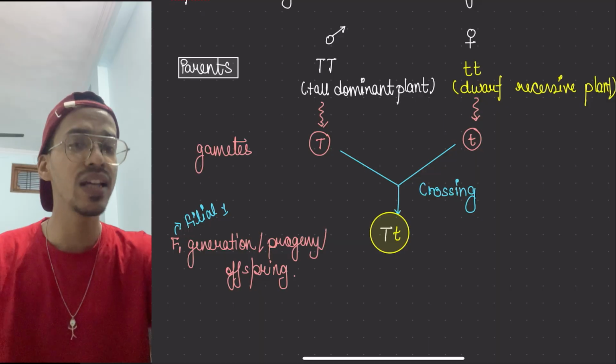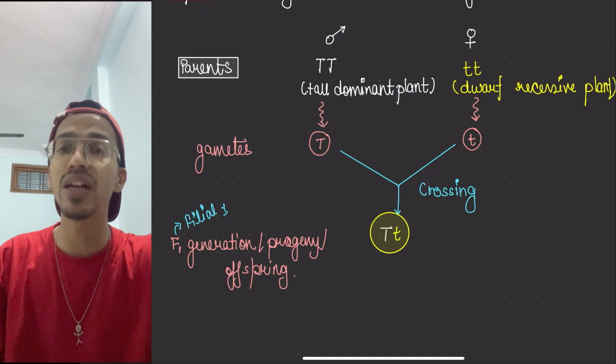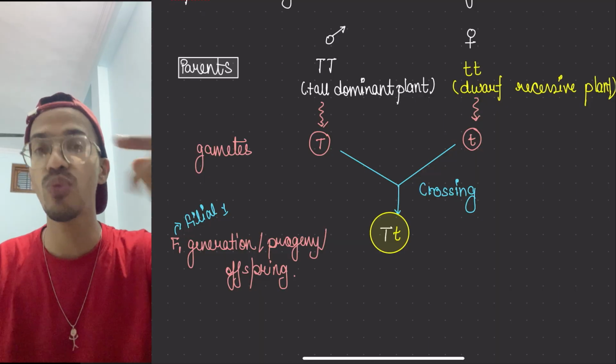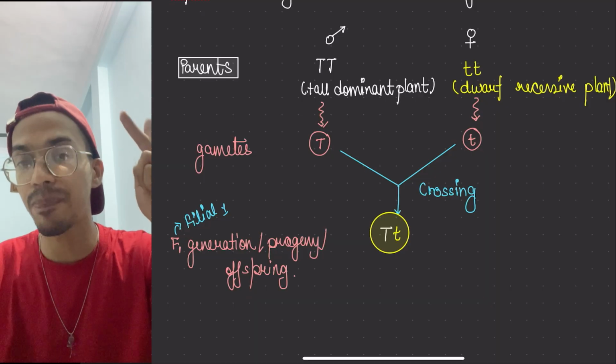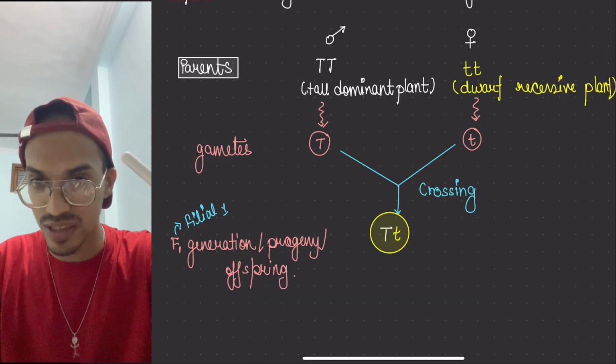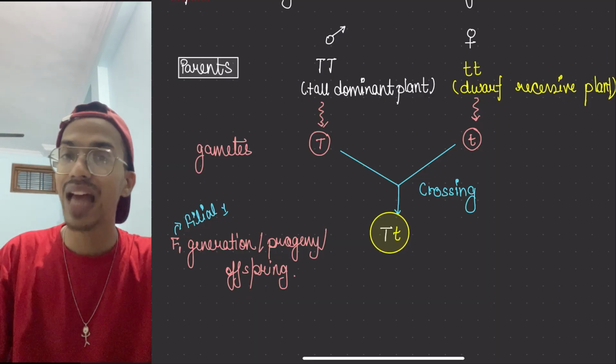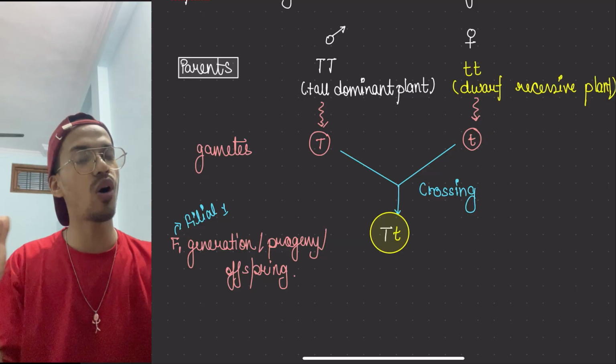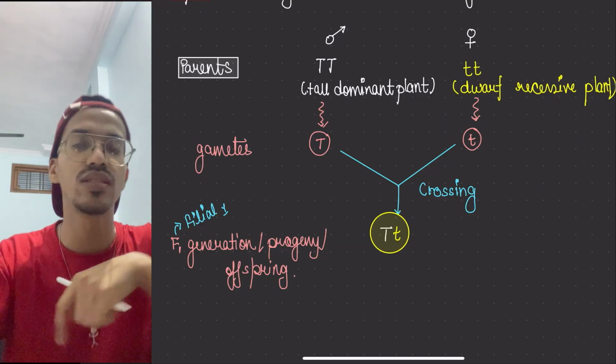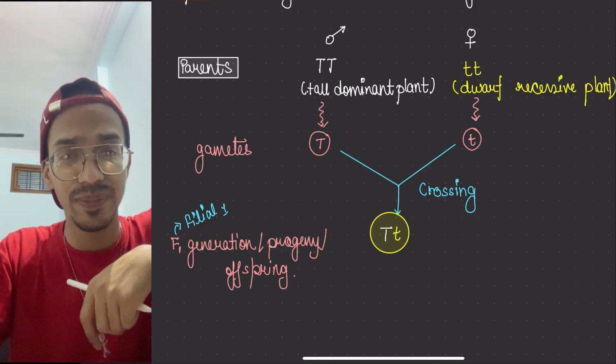He said that the character which appears in the F1 generation when plants with contrasting characters are crossed is the dominant of the two contrasting characters. Did you understand?